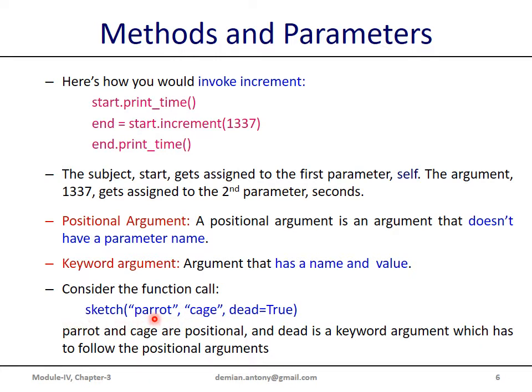Whatever the parameter in the formal definition of the function receives, no formal parameter name is specified here, you can see. But this is a keyword argument where the formal argument name is specified along with the value.